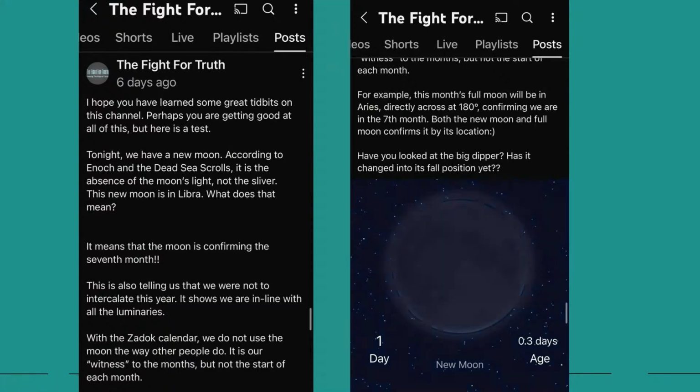So the reason why I'm bringing this up, I know there are a lot of channels out there who are following a Zadok calendar. But if you noticed in 2025, there was a huge rift in the Zadok calendar. Some people who were keeping it decided to intercalate and they jumped forward and made 2025 into a leap year, while there were others who did not leap forward.